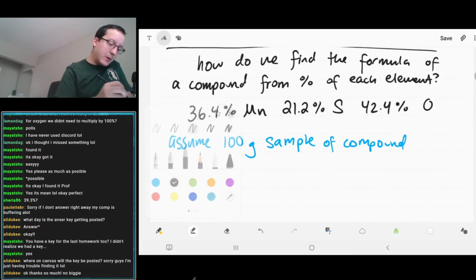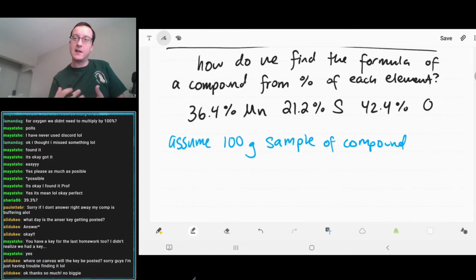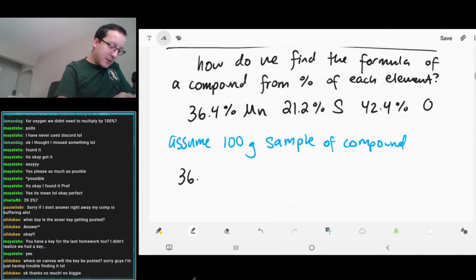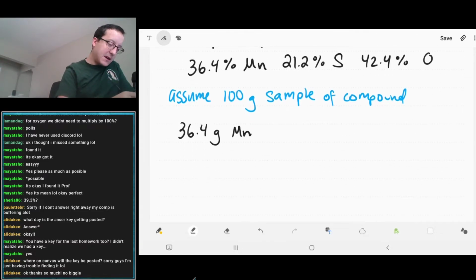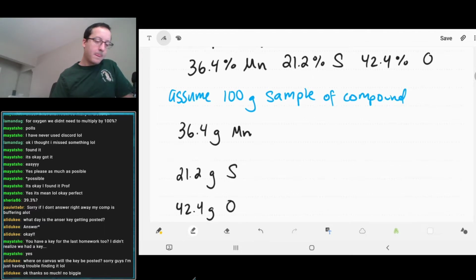So if 100 grams is the compound and 36.4% of that is manganese, that means that we have 36.4 grams manganese. If the total is 100 grams, 36% of 100 is 36. And we're going to do the same thing with all of our elements. By doing this, we can easily convert percent into grams.